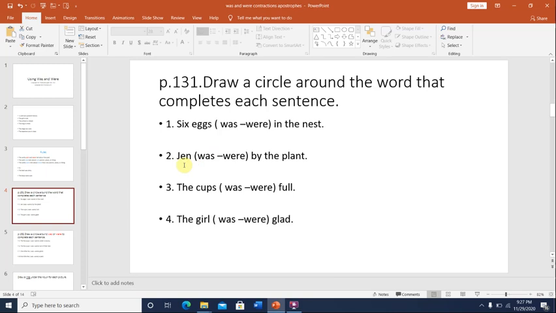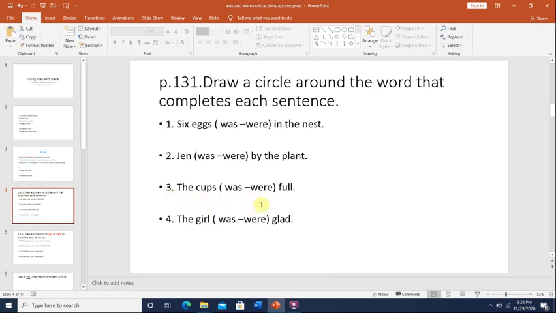What about number 2? Jen was or were by the plant. Jen is the name of a girl. That means she's only one person. So when there's one person, what do we use? Was. Jen was by the plant. The cups, is that one or more? More. So what will we use? Were.